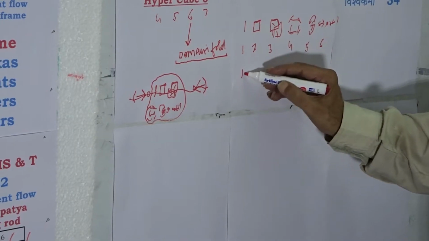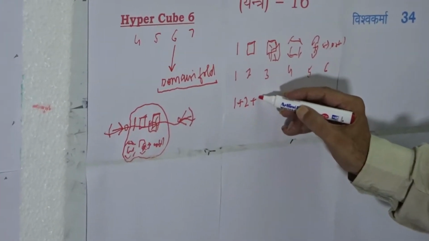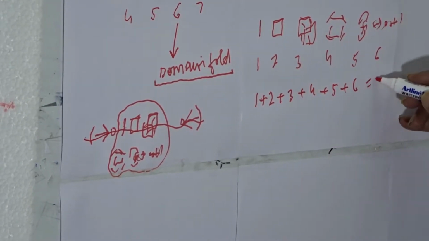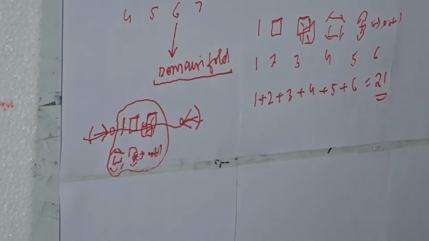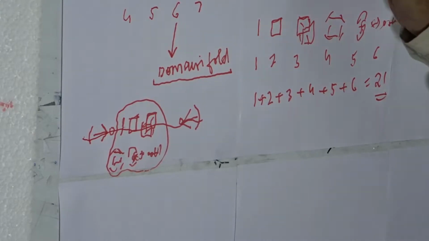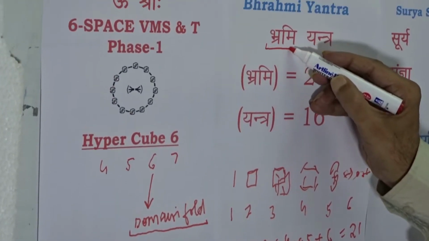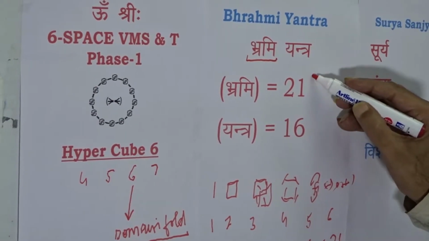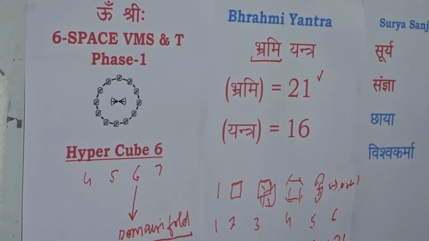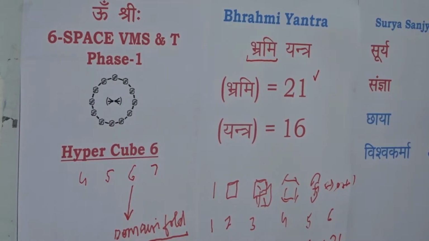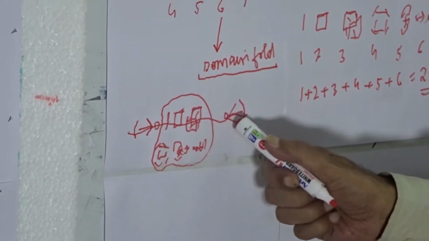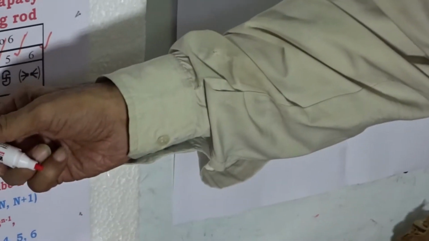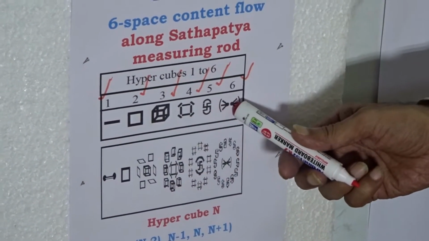This array of values leads to the summation value equal to 21. Let us visit the formulation Brahmi. Formulation Brahmi is leading us to TC value 21.